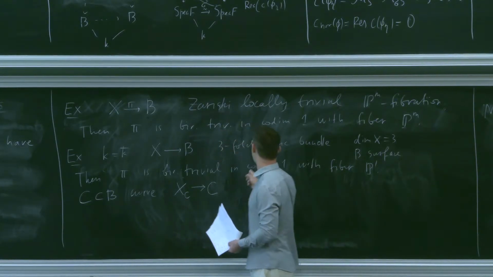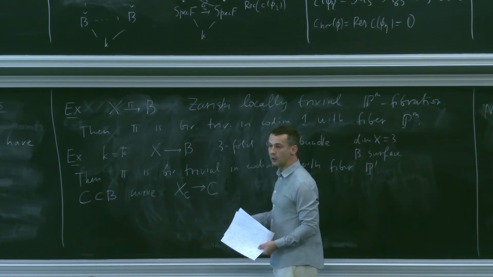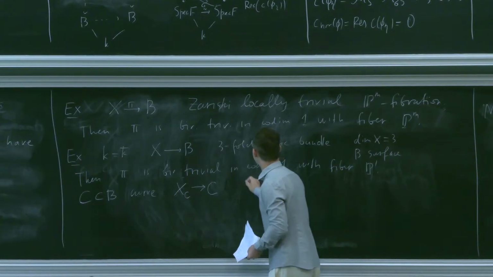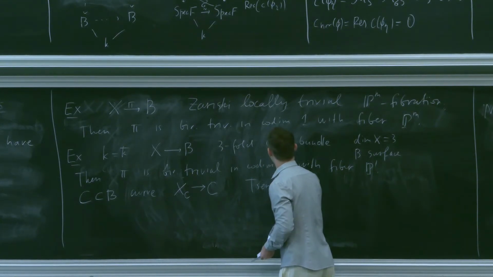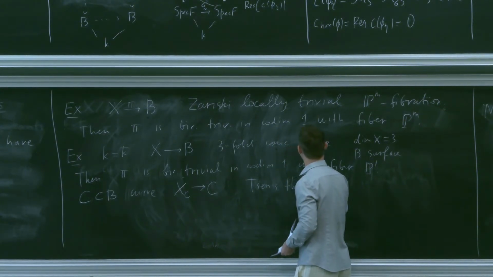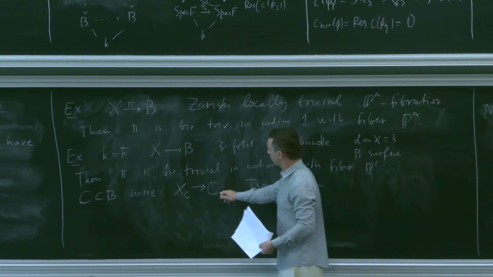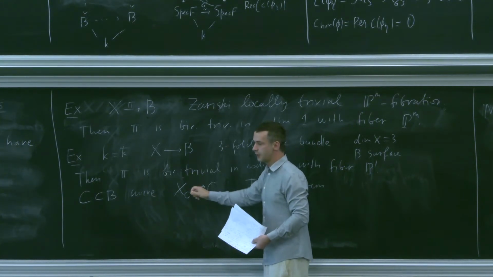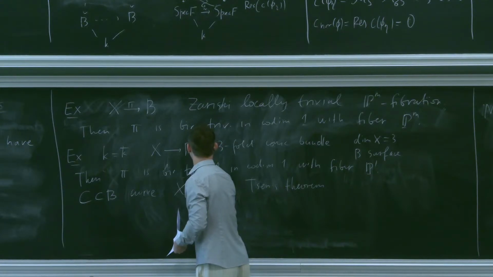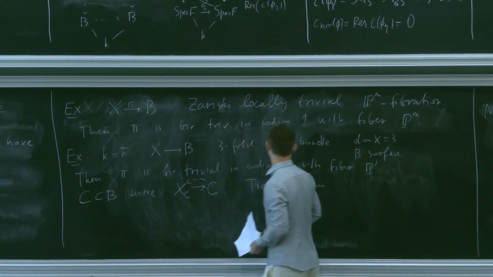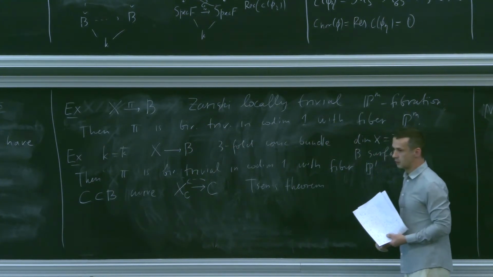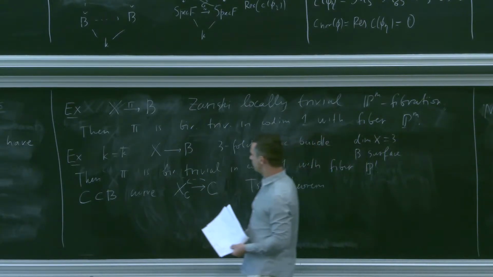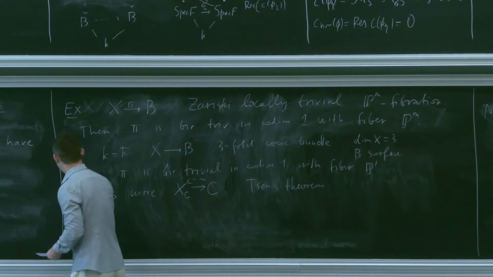Tsen's theorem says that over curves over algebraically closed fields, these are all split, so there is a rational section. Yes, a general curve.